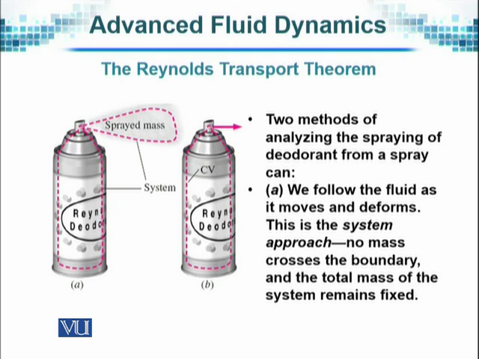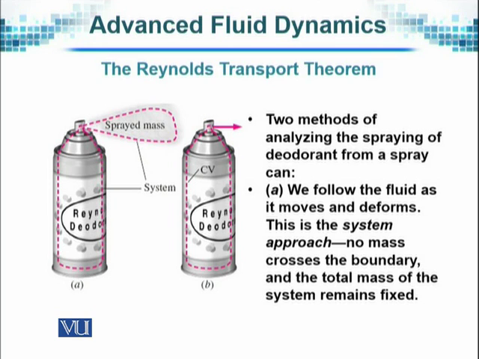So there is a simple example given here of both the methods, and this emphasizes the difference between the Lagrangian method and the Eulerian method of representing fluid motion. In the first picture, we try to spray some deodorant, and then we see how it deforms.